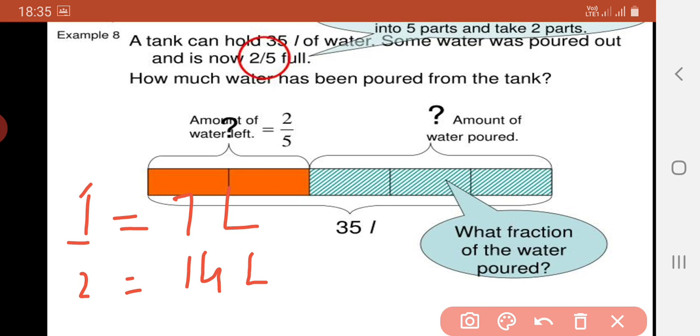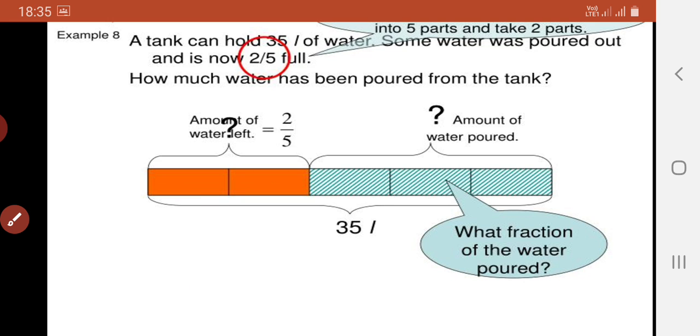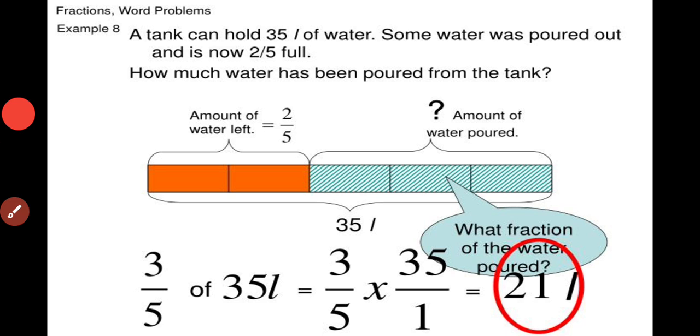But here the shaded portion is the amount of water poured. So how can we find the amount of water poured?